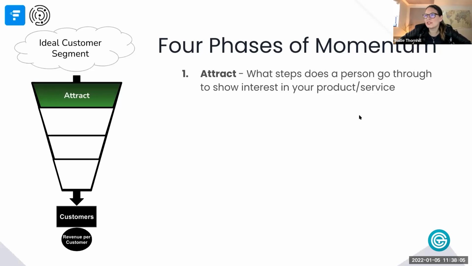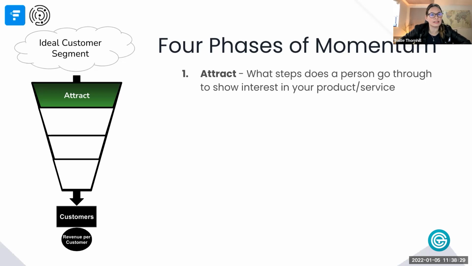So the first phase is, of course, attract, as I mentioned. This is really at the very top of your business, the top funnel kind of strategies. You need to understand what steps a person needs to go through in order to show interest in your product. What are the indicators showing you when they put up their hand and say, this is me?